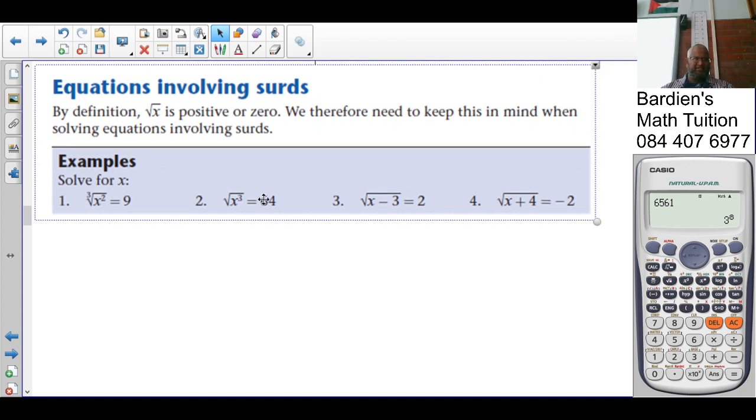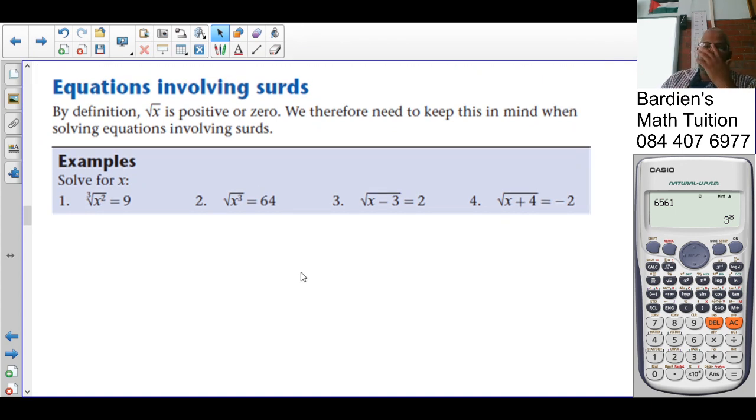Equations involving surds. By definition, the root of x is positive or 0. The square root of any number is either positive or it's 0.